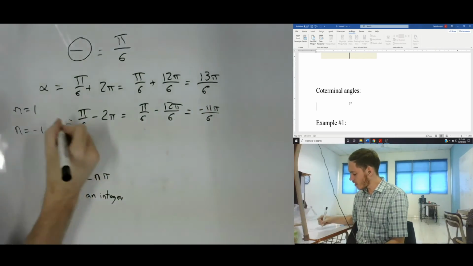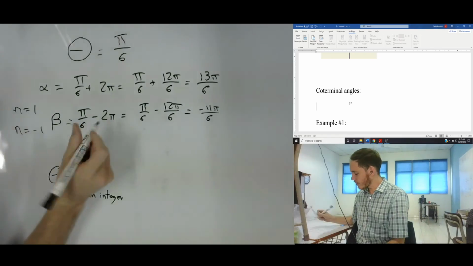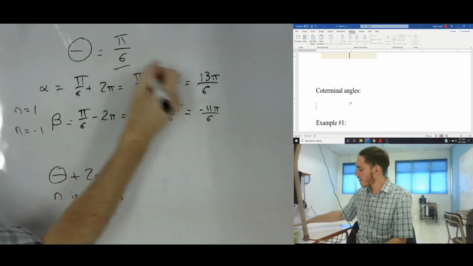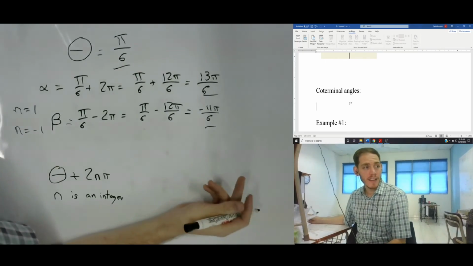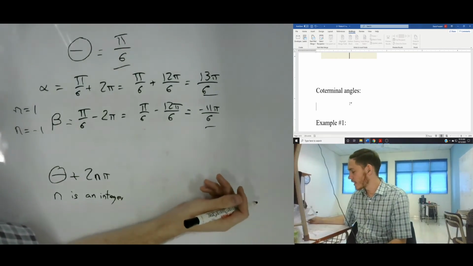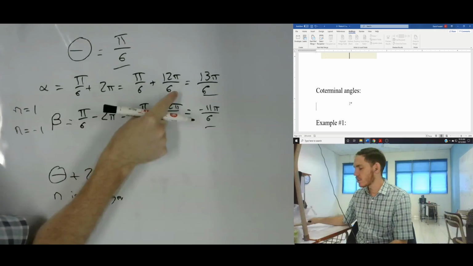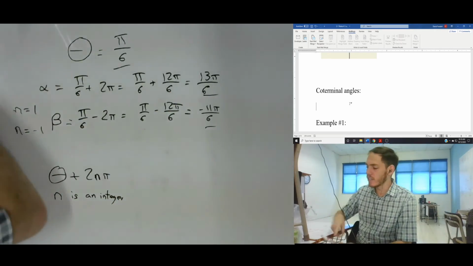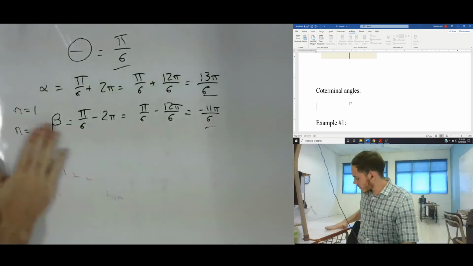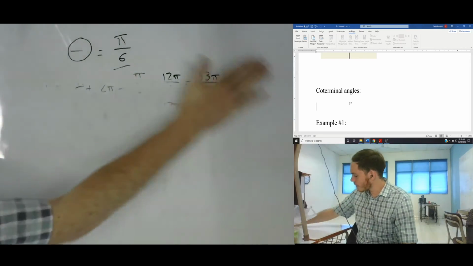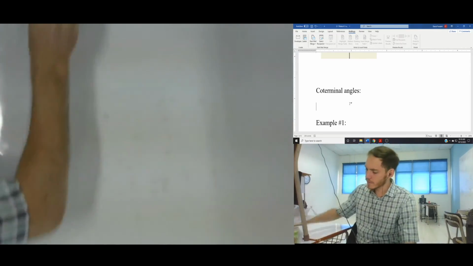So this is our beta. Okay, so we have three angles that are all coterminal: pi over 6, 13 pi over 6, and negative 11 pi over 6. Okay, so that's how you find coterminal angles. We use 2n pi, where n is any integer.